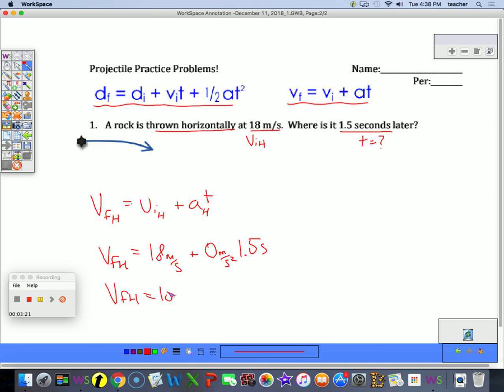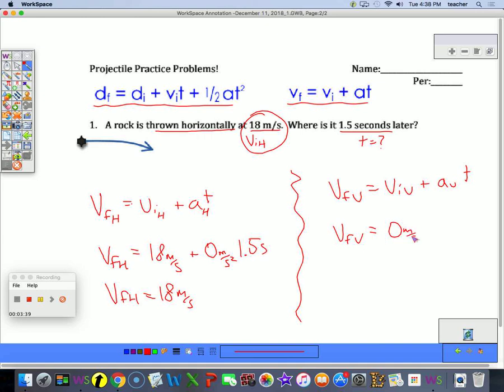It's beginning vertical velocity plus A vertical, that's gravitation, times time, which is 1.5 seconds. So if we were curious about the velocity, assuming g is 10, the ball will be moving 15 meters per second down and 18 meters per second, presumably to the right, at a time of 1.5 seconds.